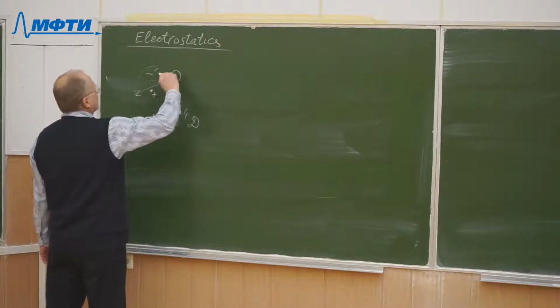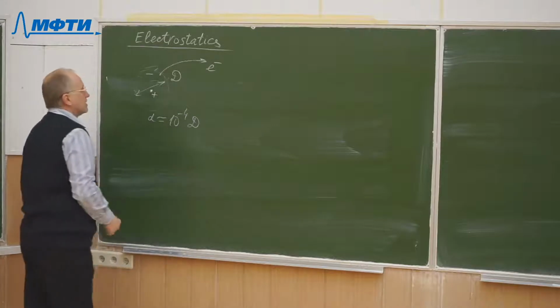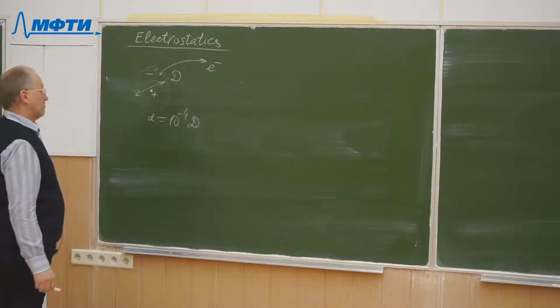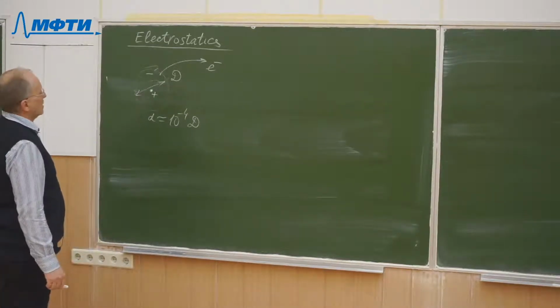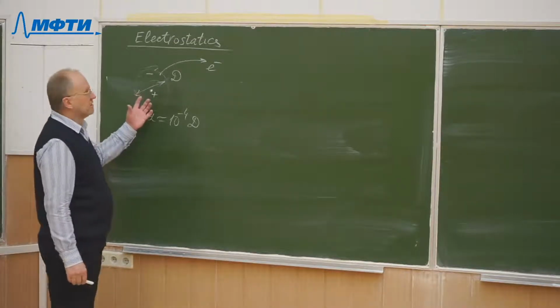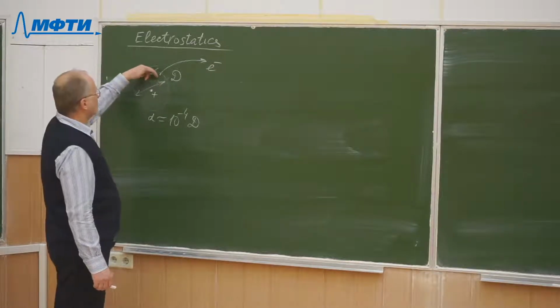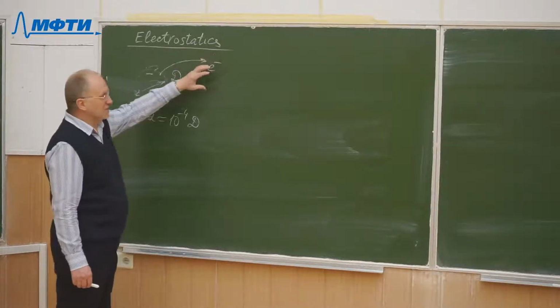How can we separate an electron and take it away? There are several possible methods. First, in chemical reactions, electrons sometimes leave their own atom and stick to other atoms.